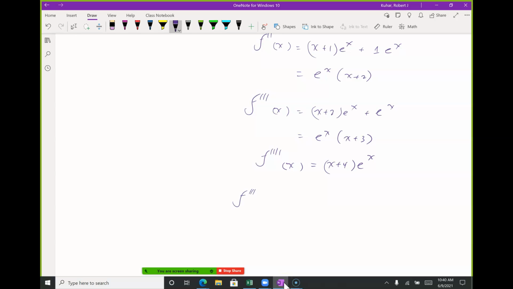So f quadruple prime at 4 is 8 times e to the 4. So it's 436.77852. So I'm going to use 437 as my K, the next integer up above.